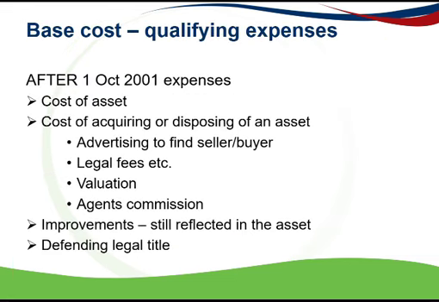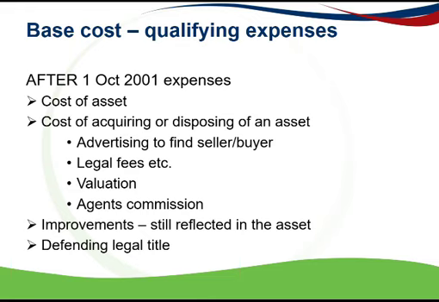Okay, so if an asset's purchased after 1 October 2001, then we're going to use the actual expenses incurred, because now when the person bought the asset, they knew that capital gains tax existed and they were required to keep proof of all the expenses.